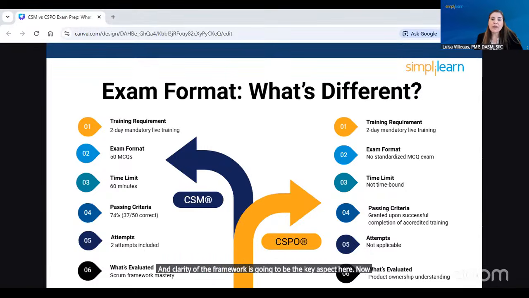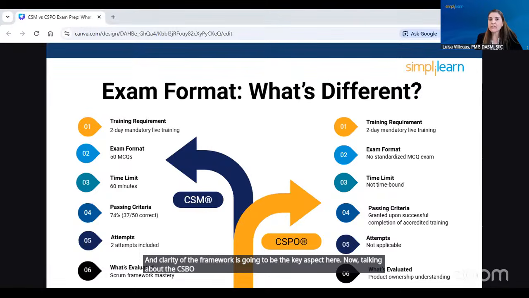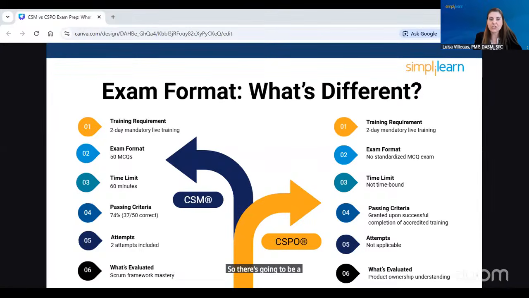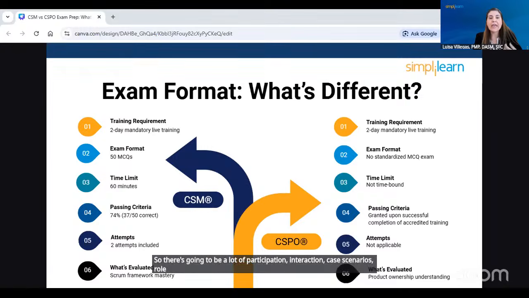Now, talking about the CSPO, it's a little bit different because there is no formal exam as such. However, don't think that you join the webinar and then go out to lunch and forget about it. These are very hands-on trainings. There's going to be a lot of participation, interaction, case scenarios, role playing. The instructor is going to have the last word to determine that you have successfully completed the training.